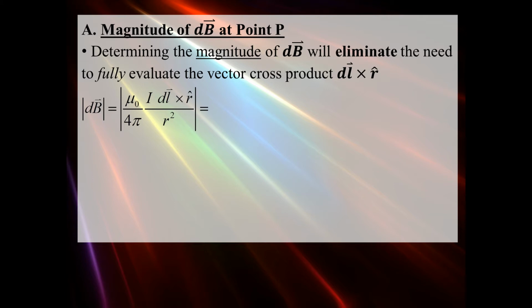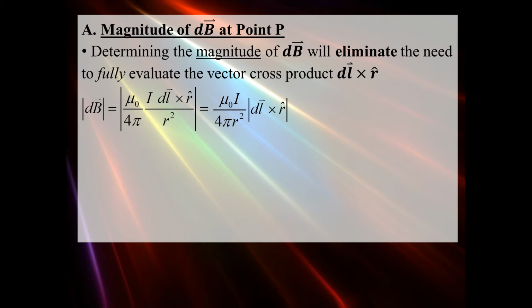Most of the variables in this equation are not vectors except for dl and r. Everything that's not a vector, we're just going to pull out of the absolute value sign, in which case dB is equal to mu naught I divided by 4 pi r squared. Then we just want the magnitude of the cross product between dl and the unit vector r.